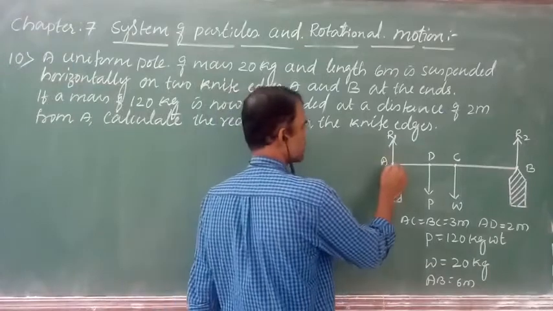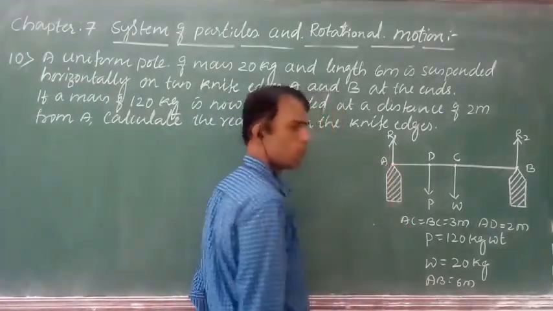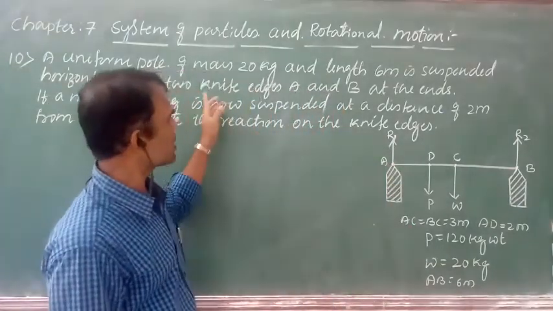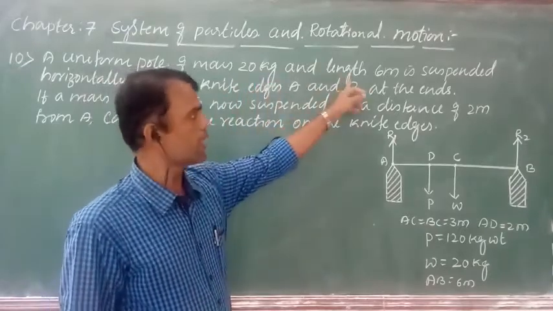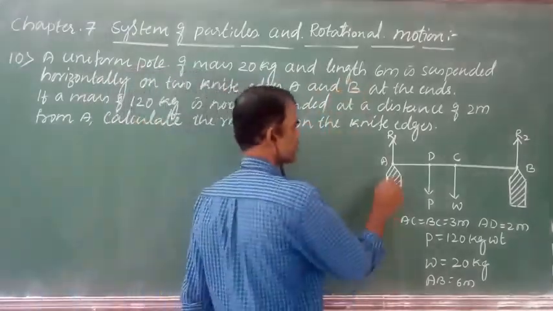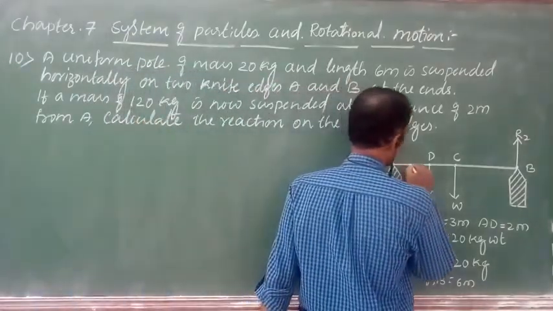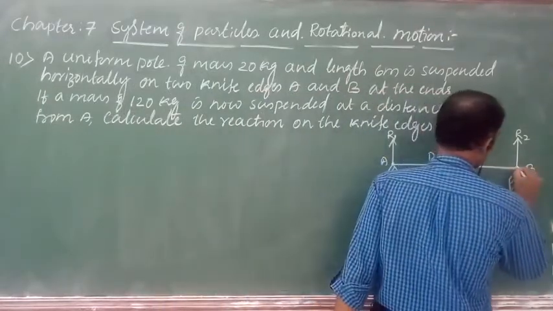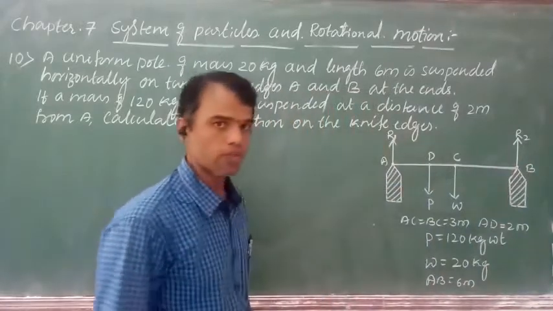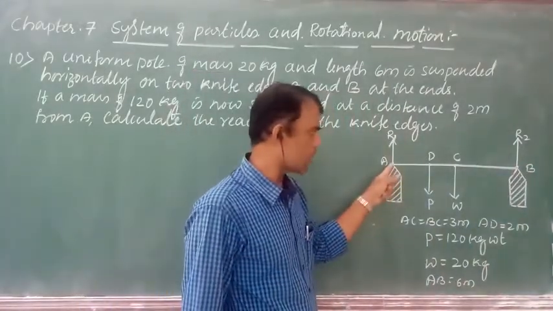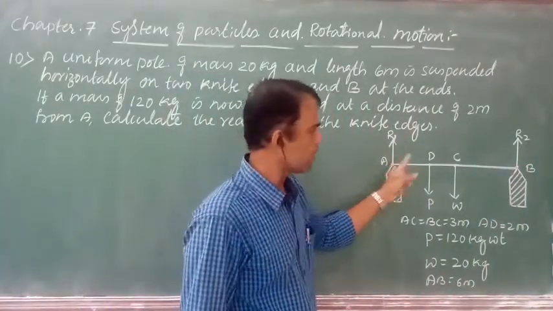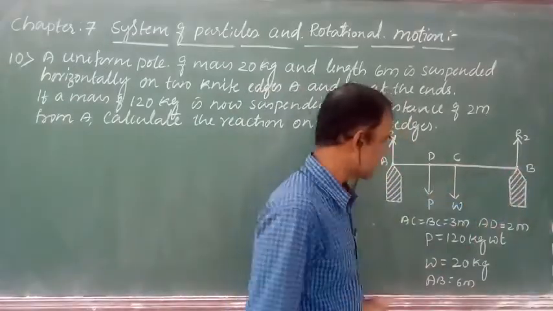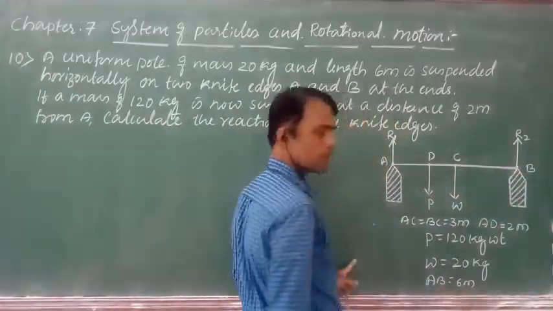So let us take a uniform pole of mass 20 kg and a length of 6 meters. If I mark one end of the pole as A and the other end as B, then AB length is 6 meters.